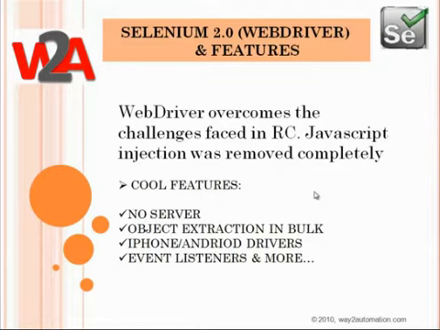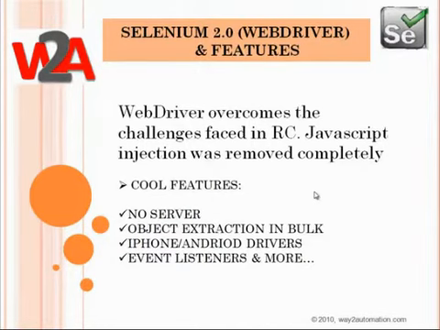WebDriver overcame all the challenges that were faced in Selenium RC. How did they overcome them? If we talk about the architecture of WebDriver, they have completely removed the JavaScript injection from the architecture. And if no JavaScript is there, then there is no requirement of a server. So there is no server in WebDriver.